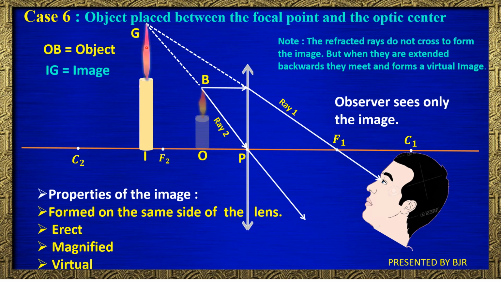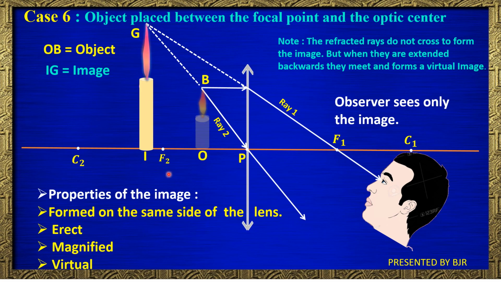Erect means upright, not inverted. And magnified, the size of the image is larger than the size of the object. And virtual image, because it can only be seen, and we cannot obtain this image on the screen. That's why it is called the virtual image.